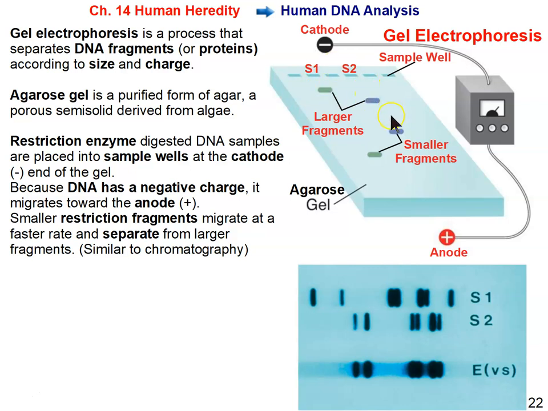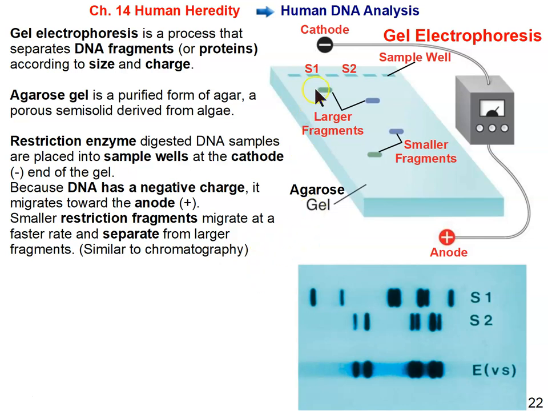So what this process does is it separates the fragments out into groups, which produces bands on the gel. You might recognize this as being similar to the paper chromatography that we did with leaf pigments and the ink pigments that we separated out in the lab.